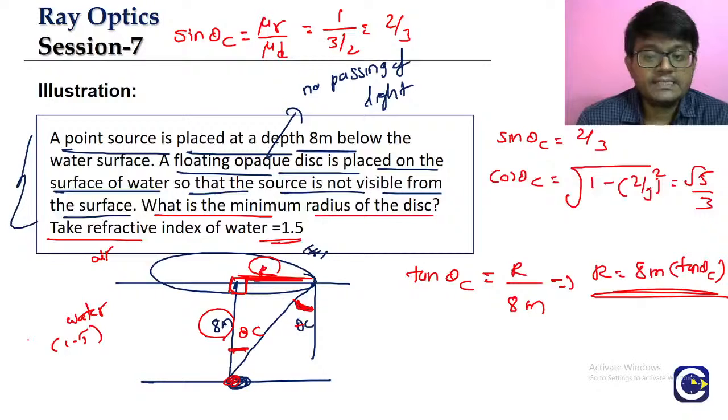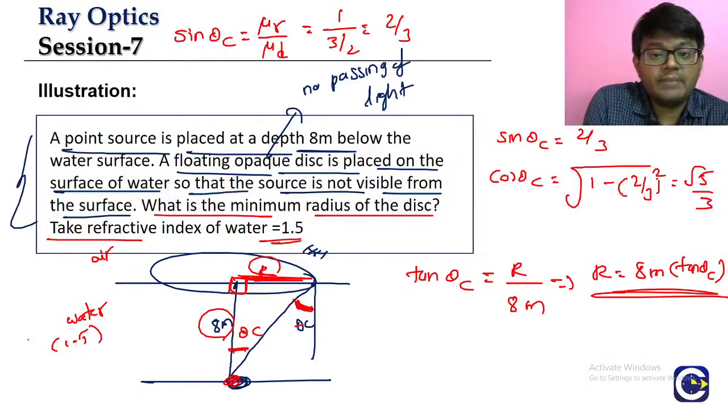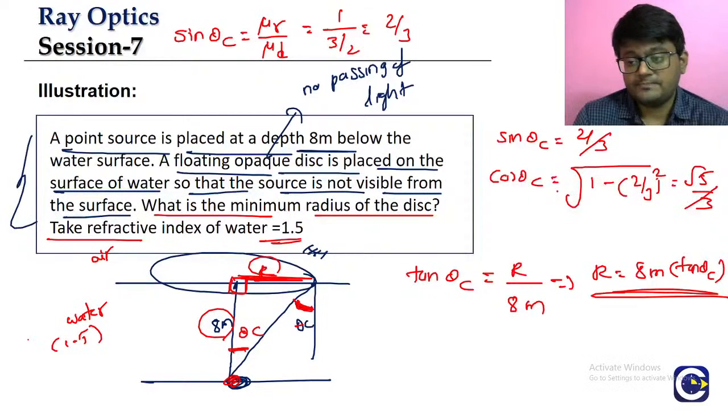So root of 1 minus 2 by 3 the whole square. 2 by 3 whole square means 4 by 9. So 1 minus 4 by 9 means 5 by 9. There is a root. So cos theta will be root 5 by 3. Then tan theta will be sin by cos. 3 will cancel. What is tan theta? 2 by root 5.